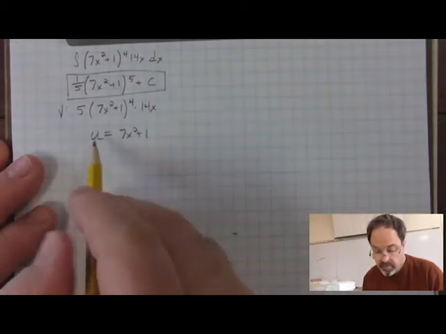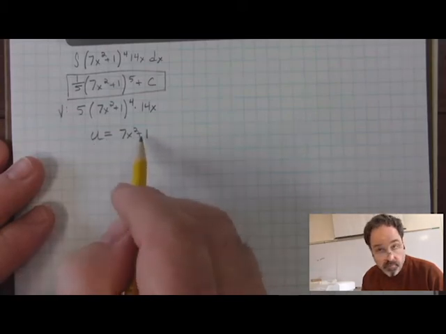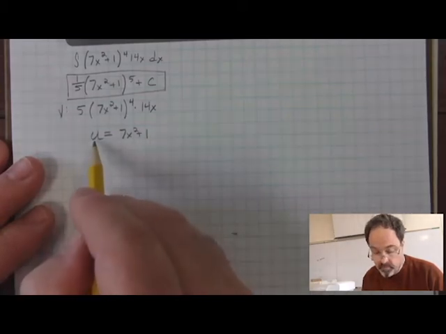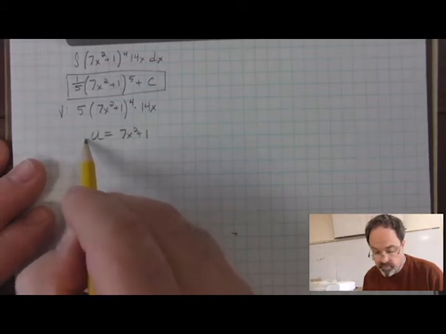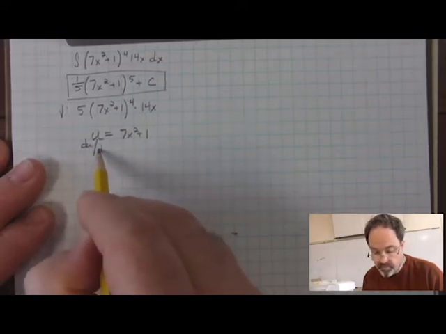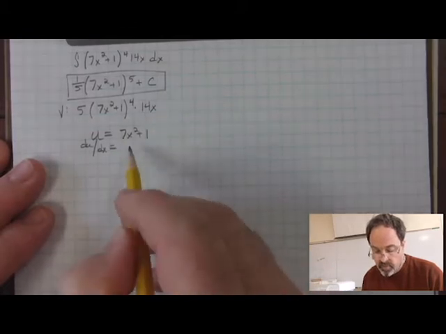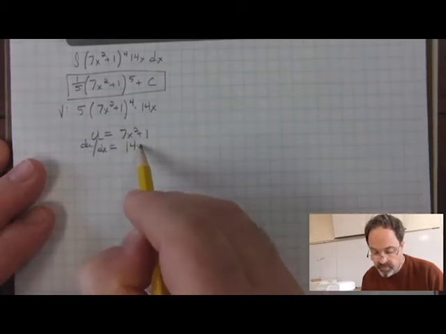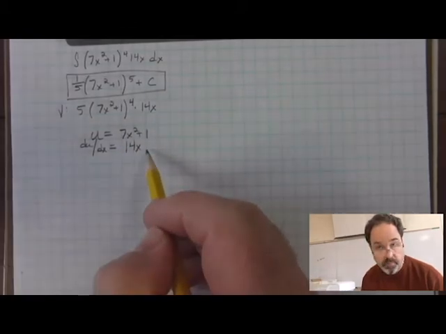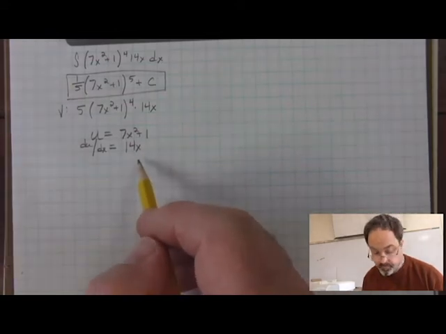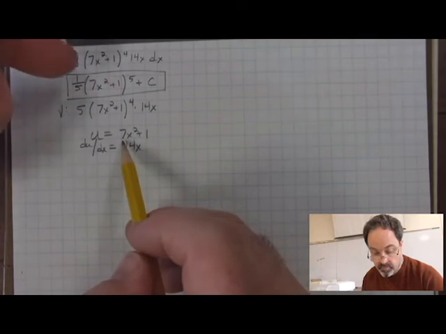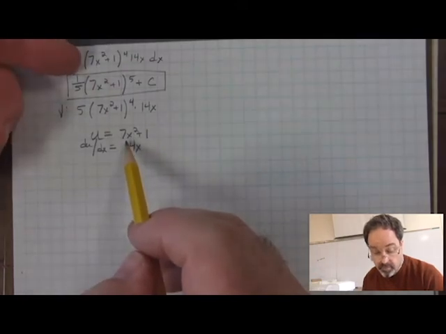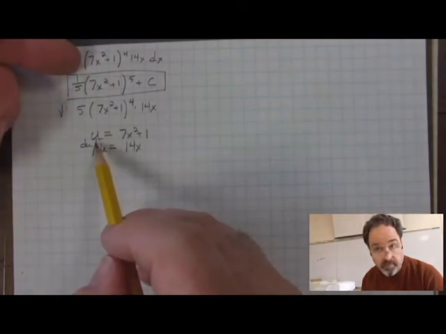So there's more that I need to do than just put my substitution of U in. I'm going to take the derivative of U with respect to x. When I do, it becomes 14x plus 0, so we won't show the plus 0. Now I can substitute the 7x squared plus 1 by putting U in for it.